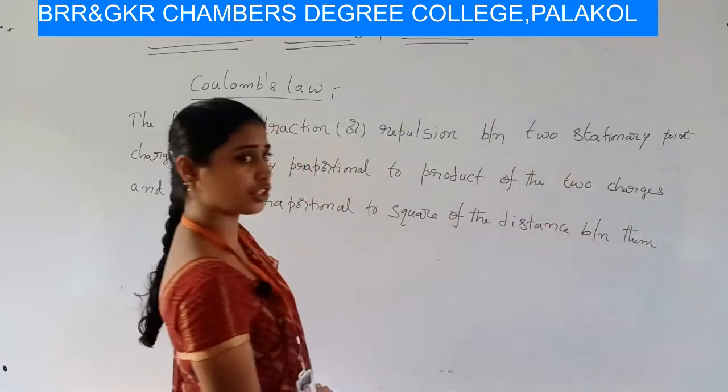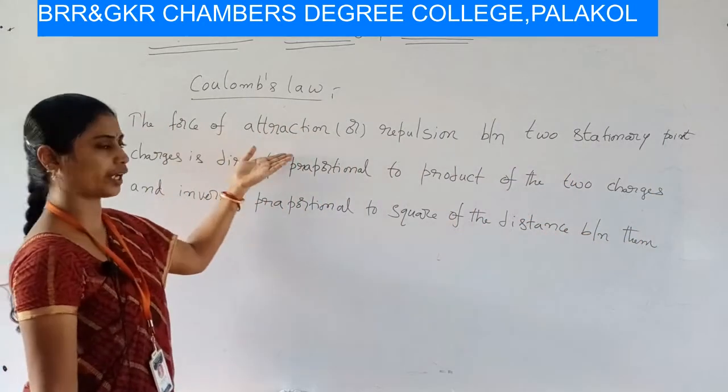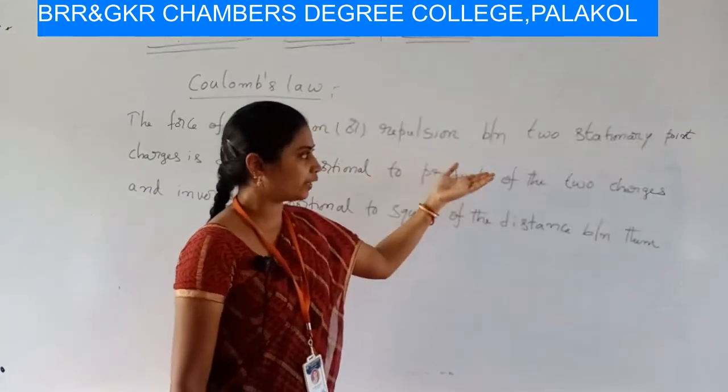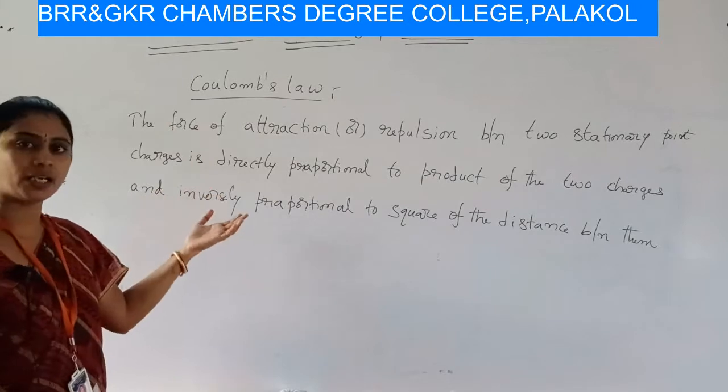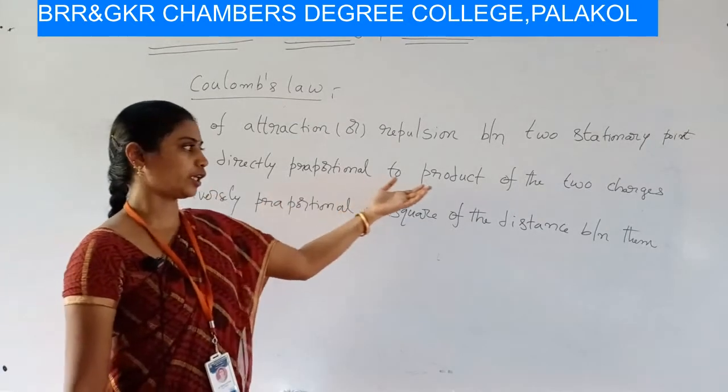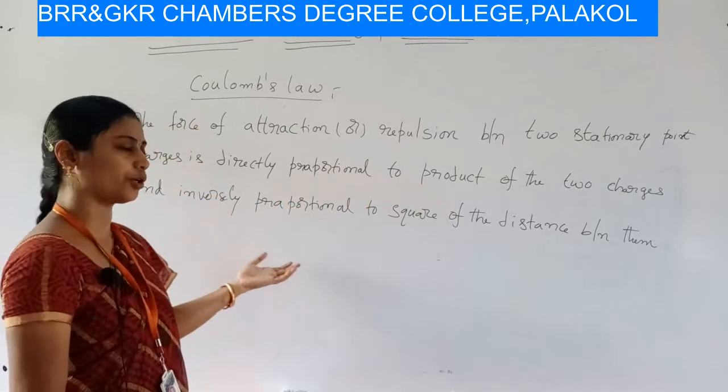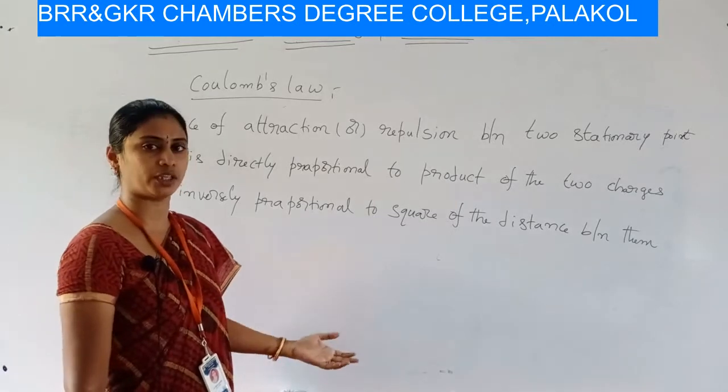Coulomb's law is stated as: the force of attraction or repulsion between two stationary point charges is directly proportional to the product of the two charges and inversely proportional to square of the distance between them.